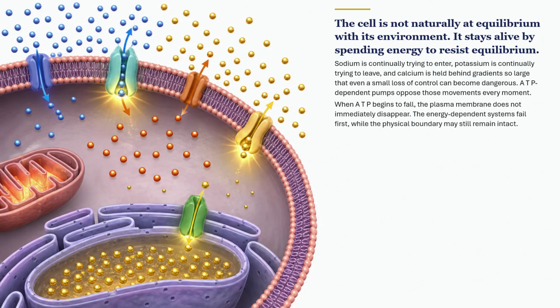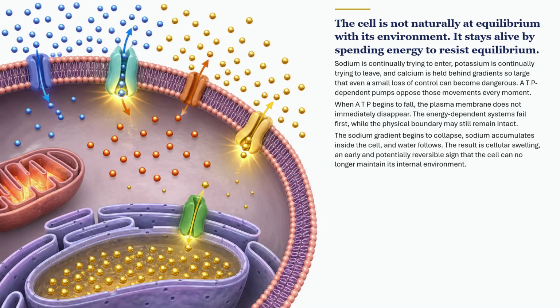When ATP begins to fall, the plasma membrane does not immediately disappear. The energy-dependent systems fail first, while the physical boundary may still remain intact. The sodium gradient begins to collapse. Sodium accumulates inside the cell, and water follows.